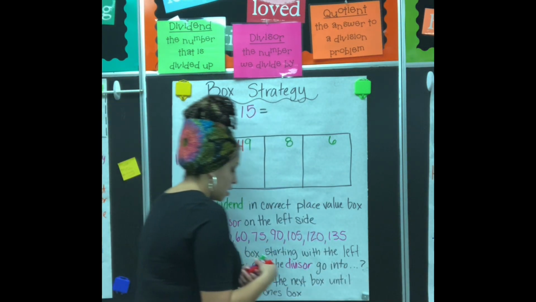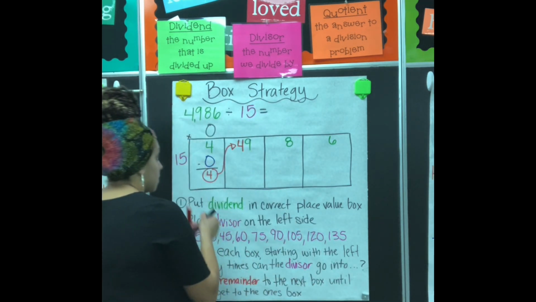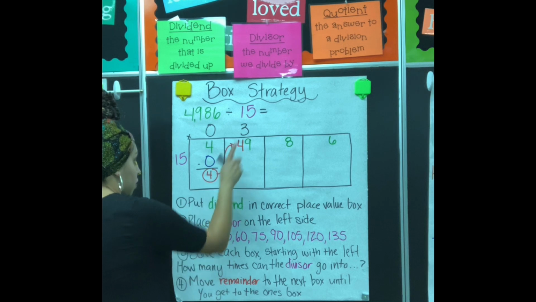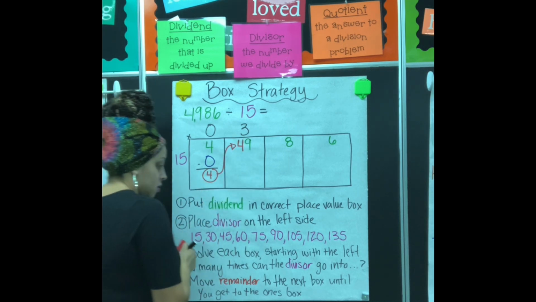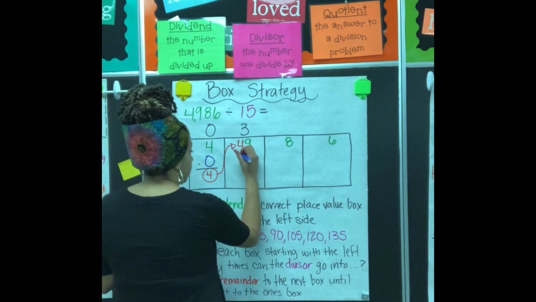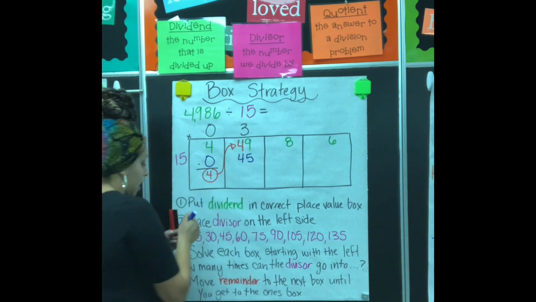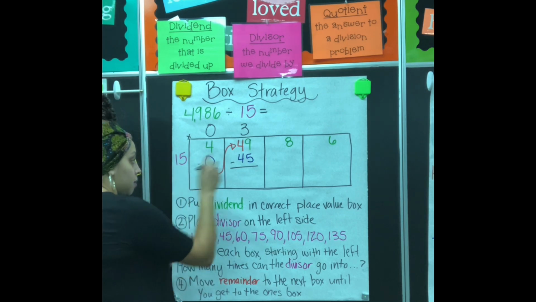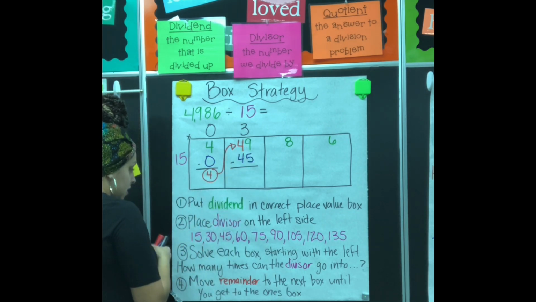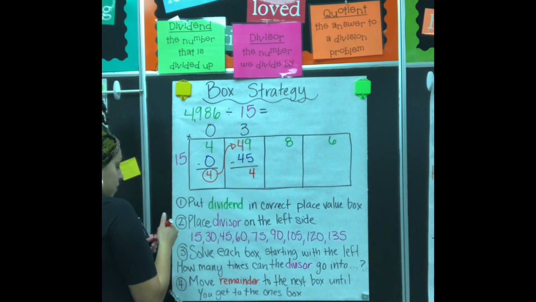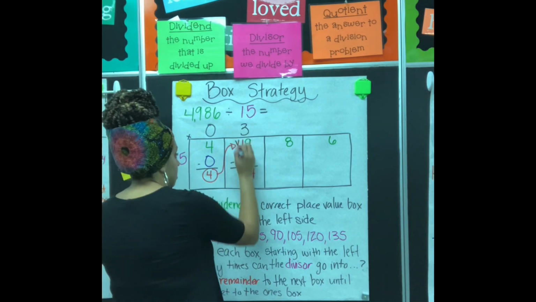So 3 is going to go up here. And I'm going to go 3 times 15 equals 45. And I'm going to subtract it. And I'm going to go 9 minus 5 is 4. 4 minus 4 is nothing.